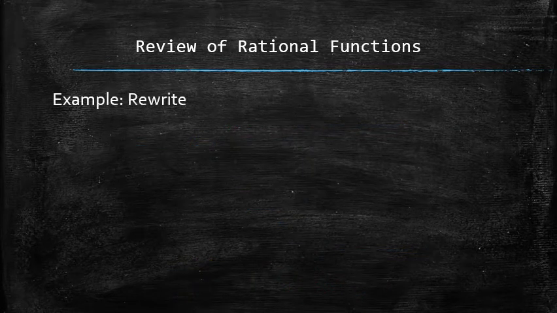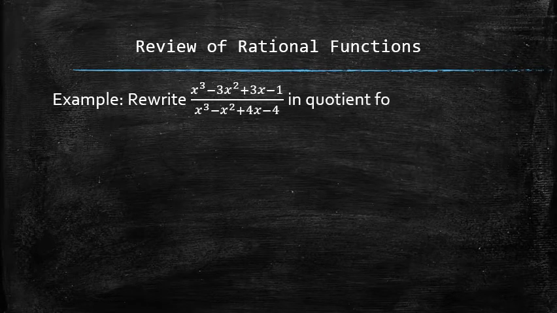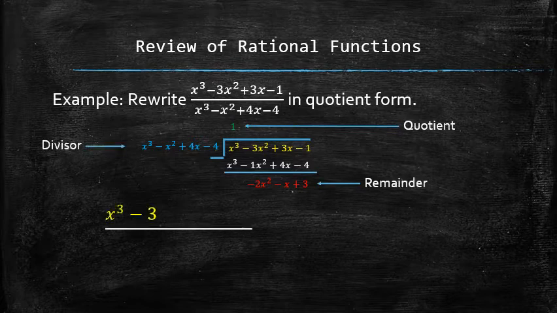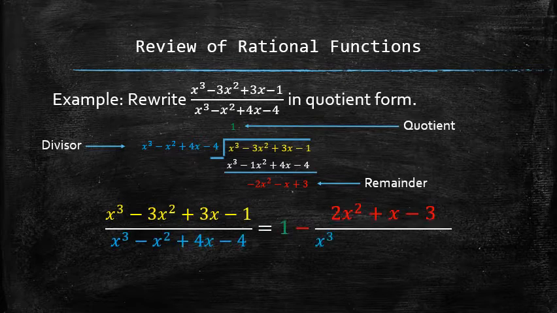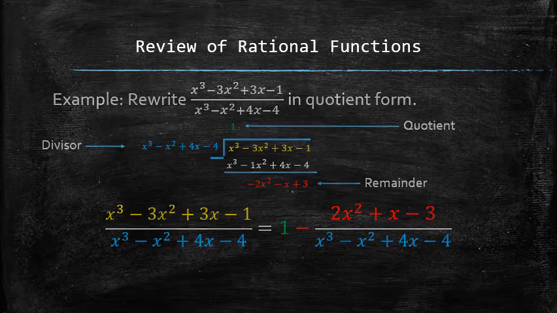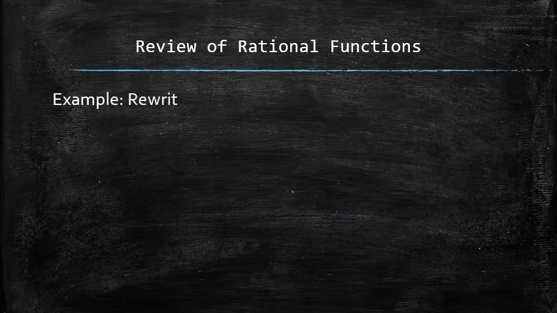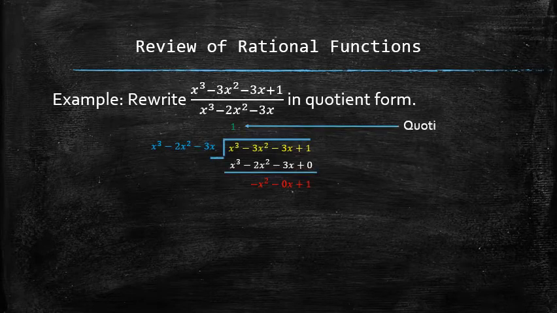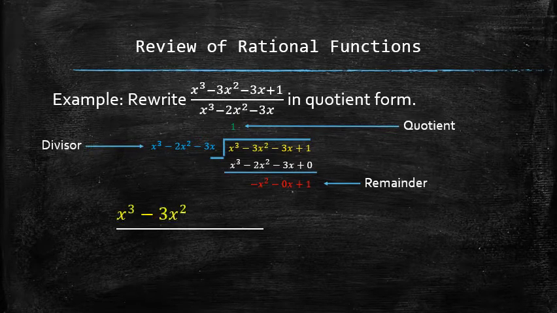Let's practice writing another improper rational function in quotient form, and then one more, again performing the long division and putting the results together in quotient form.